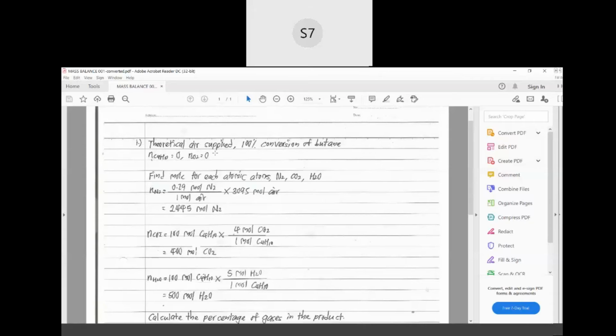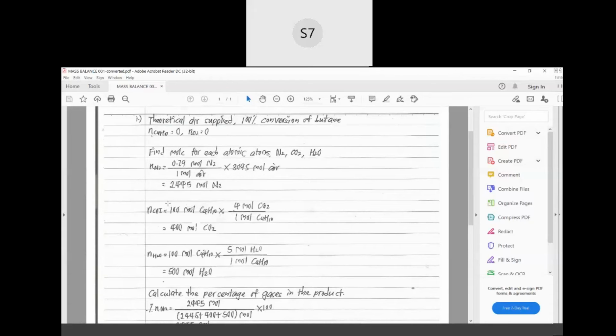Now calculate the mole for each component, such as nitrogen, carbon dioxide, and H2O. For the nitrogen, you calculate 0.79 mole of nitrogen times 3095 mole of air, and you get 2445 mole of nitrogen.